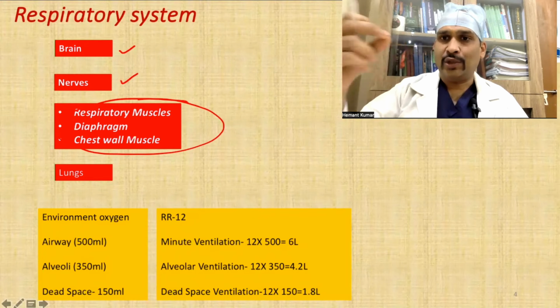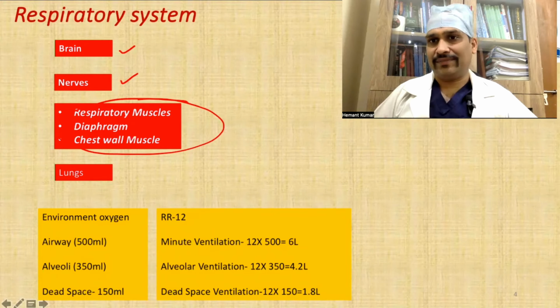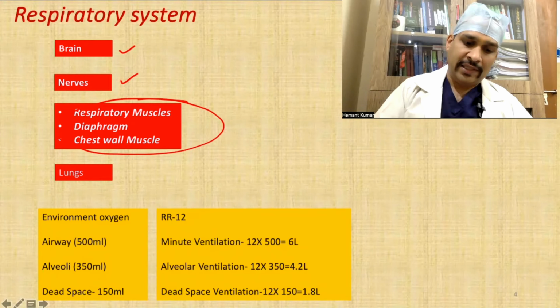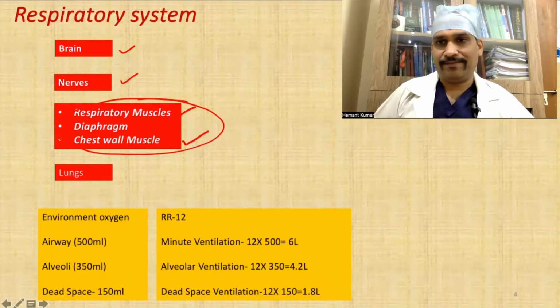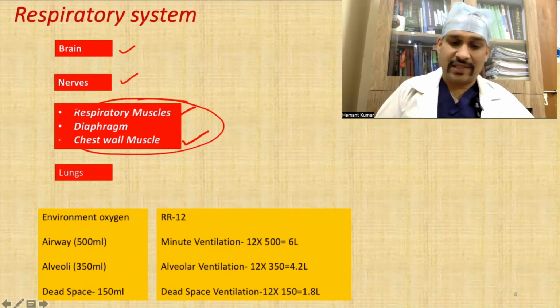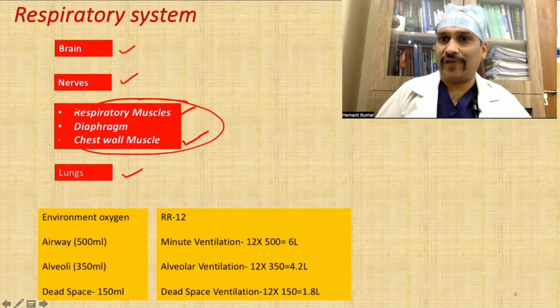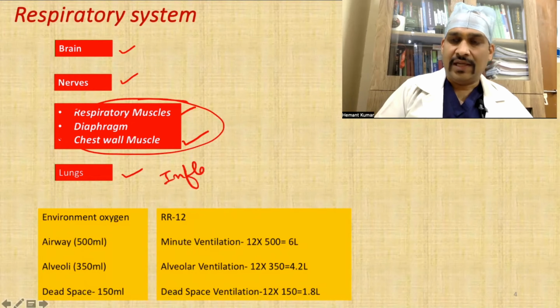The brain stimulates the nerves, and they stimulate our respiratory muscles: the diaphragm and chest wall muscles. When they contract, they cause inflation and then deflation of the lung.